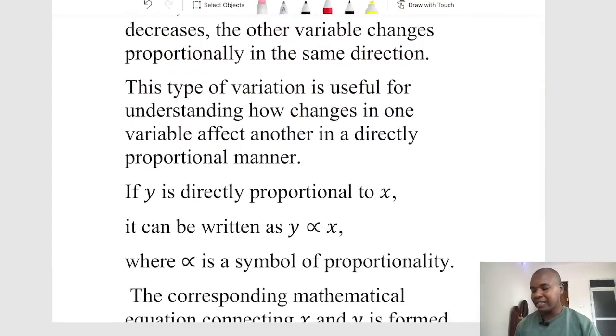If y is direct proportional to x, it can be written mathematically as y ∝ x. So this symbol here is our proportionality symbol.